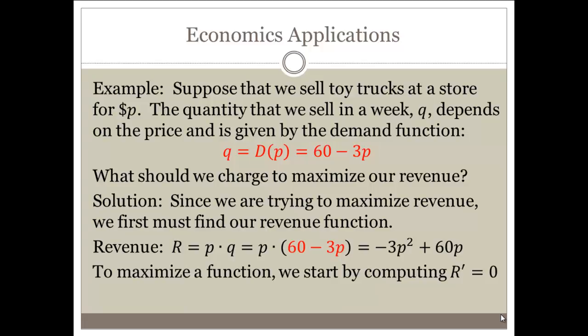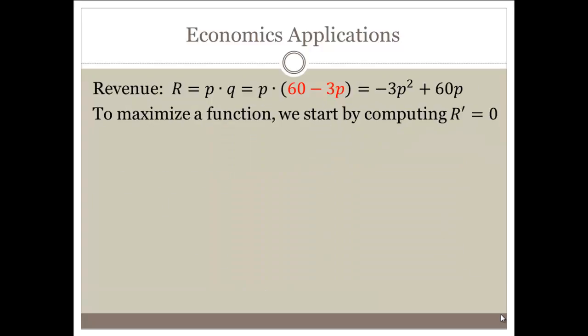And now to maximize this function, we start by computing when R prime equals 0. Computing the derivative, we get that R prime equals negative 6P plus 60. Since we want to find when R prime is 0, we need to solve 0 equals negative 6P plus 60. Doing this, we get P equals 10.